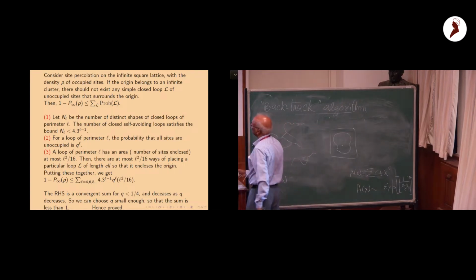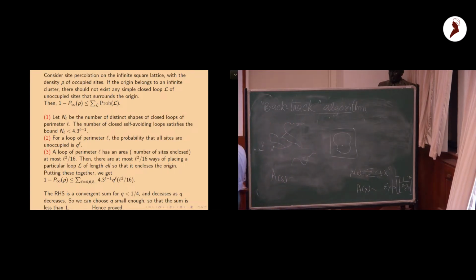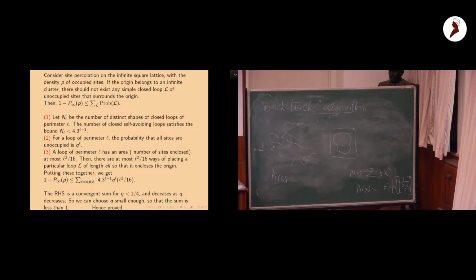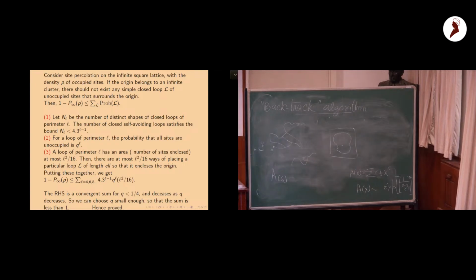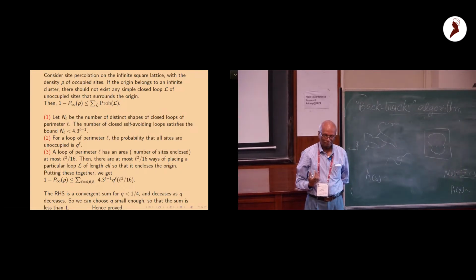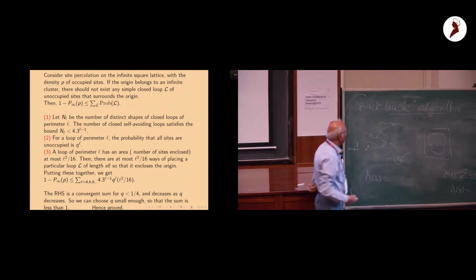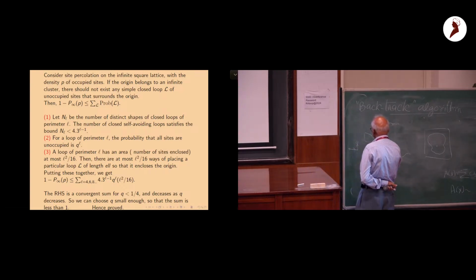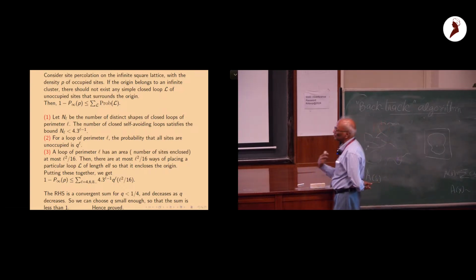So it comes to: 1 minus the probability of infinity is less than or equal to the summation over all possible closed loops of the probability that the loop is actually all empty. You again overcount, because given a site which is not connected to infinity, there may be more than one loop. There might be a loop like this.